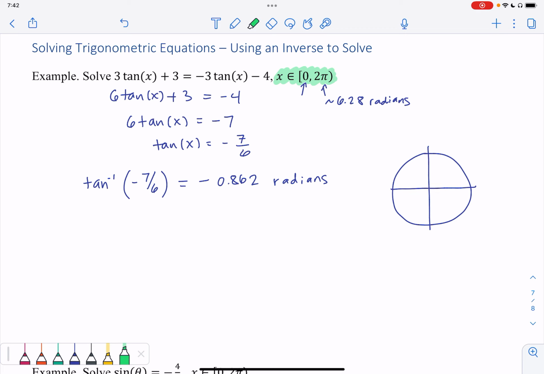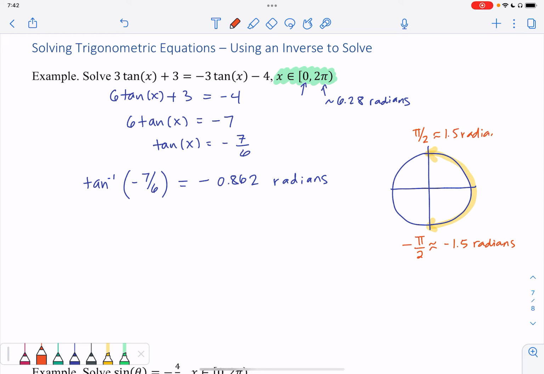I know that the tan inverse range is negative pi over 2 to pi over 2. So it's in there. So where would negative 0.862 be? Well, negative pi over 2 is about negative 1.5 radians, a little more than that, and pi over 2 is about 1.5 radians.